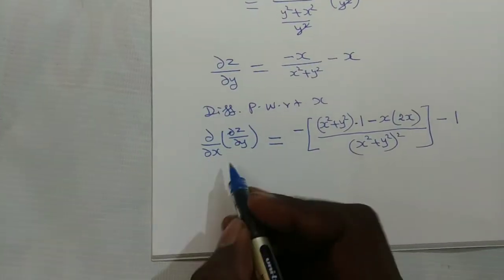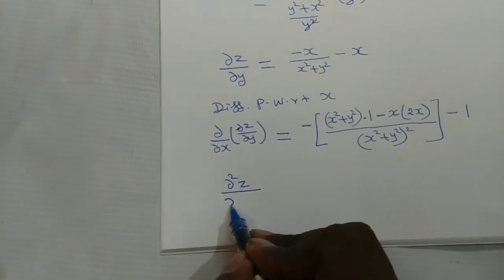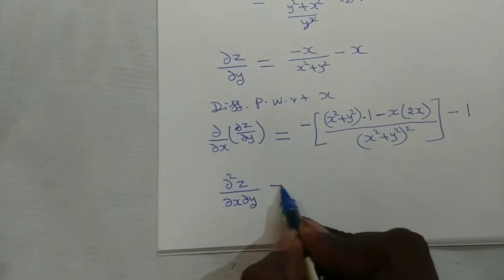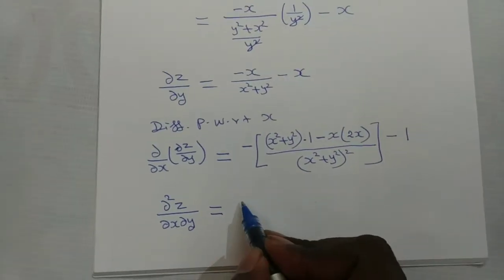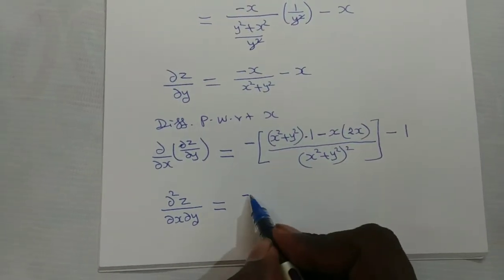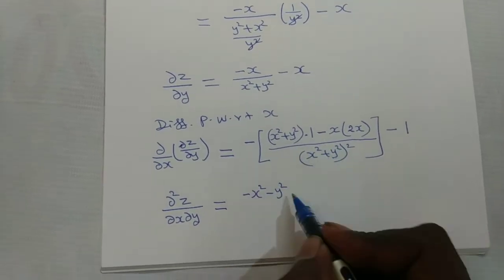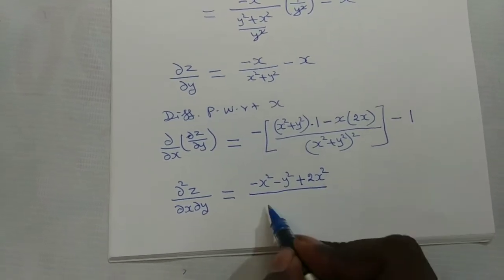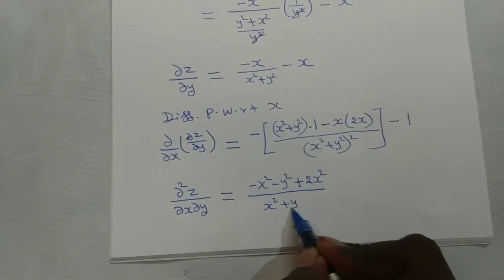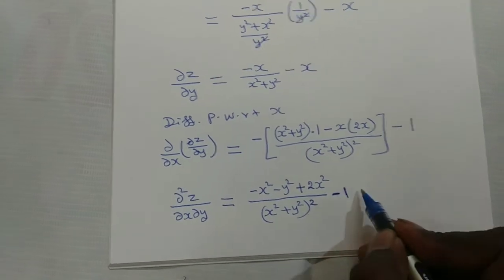So now this is ∂²z/∂x∂y is equal to, so now I am going to simplify. Take minus inside: minus x square minus y square, minus minus plus 2x square, by x square plus y square the whole square, minus 1.